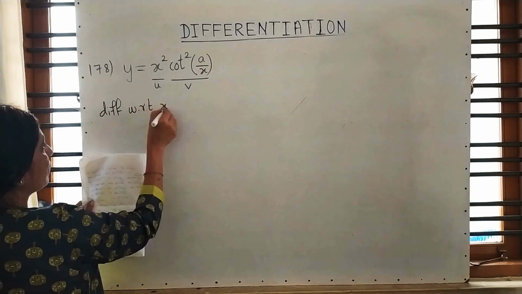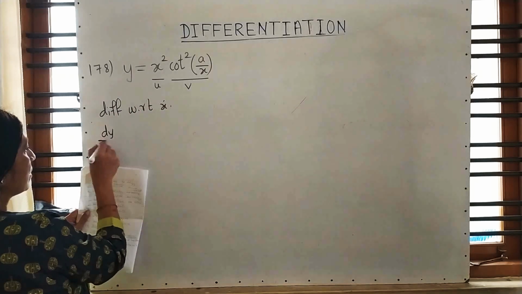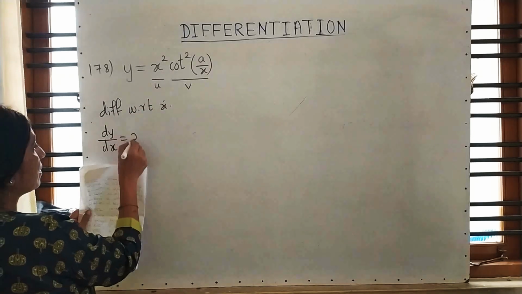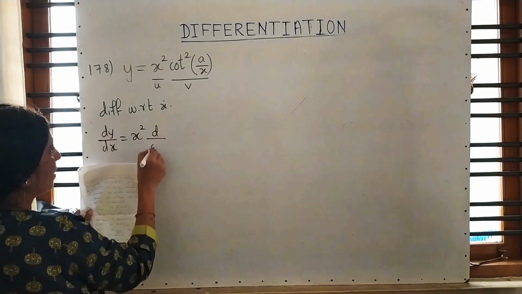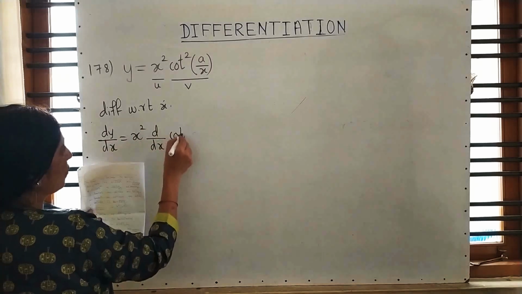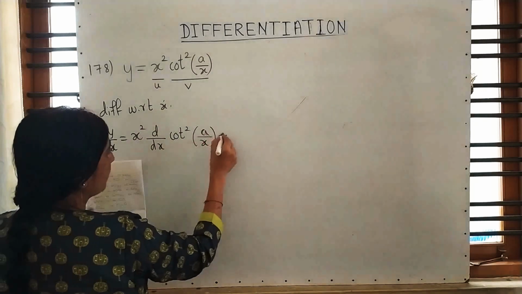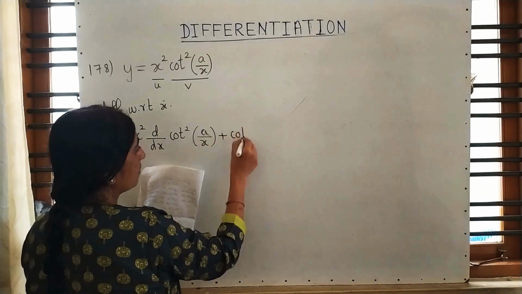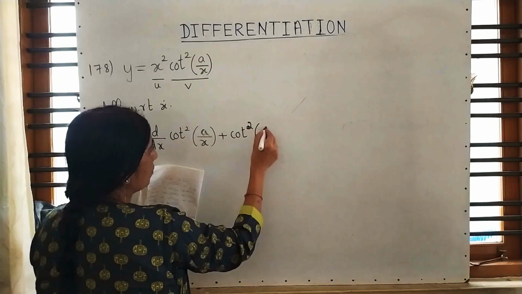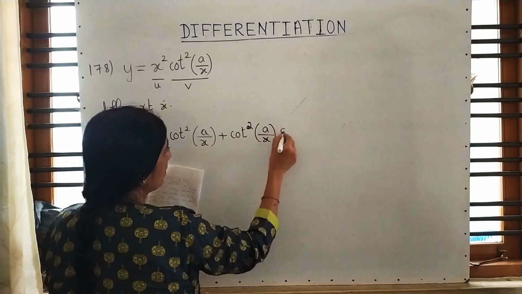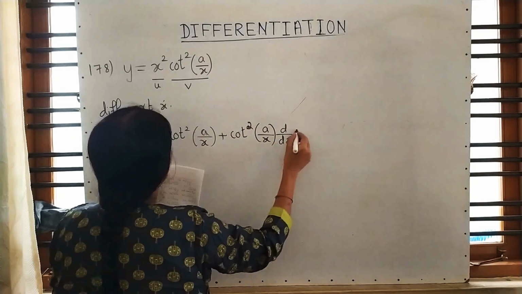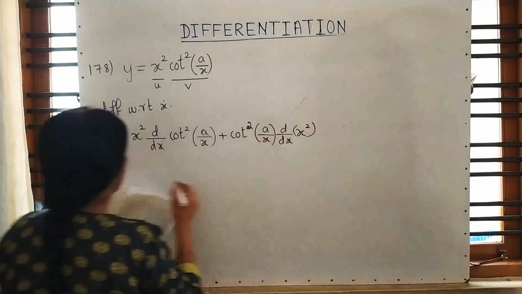Differentiating with respect to x. dy upon dx is x square into differentiation of cos square a by x, plus cos square a by x into differentiation of x square.